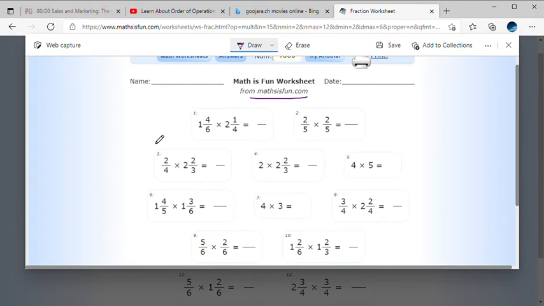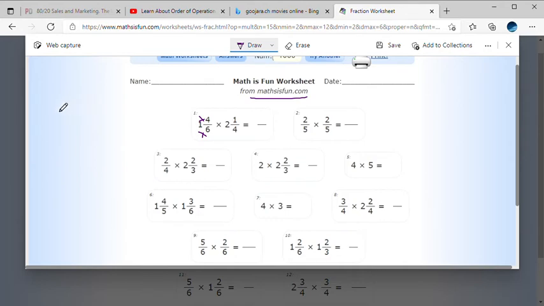To multiply mixed fractions, what I advise students to do is to turn the mixed fraction into a proper fraction. To do that, you multiply 6 times 1 and then you add the 4 at the top, which is the numerator.